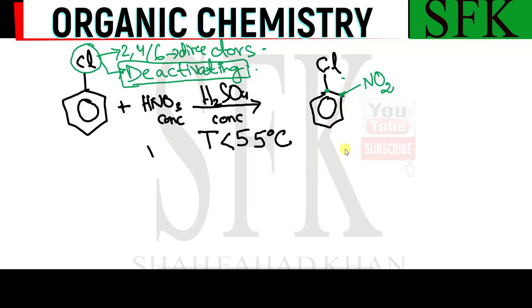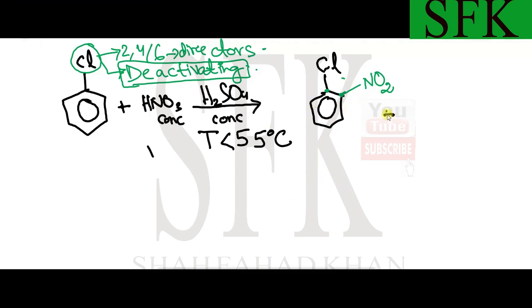Now, the second product that we have over here is 4-nitrochlorobenzene. The nitro group gets attached to the fourth carbon atom. Carbon 1 is the carbon containing the chlorine atom, and then with respect to that, carbon 2, 3, and the fourth carbon is this one.